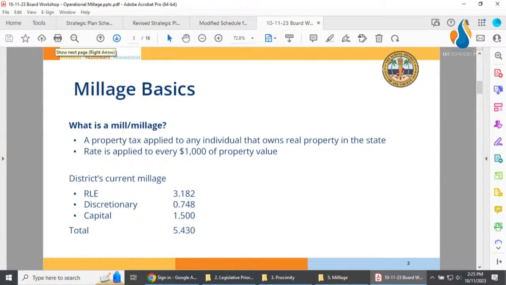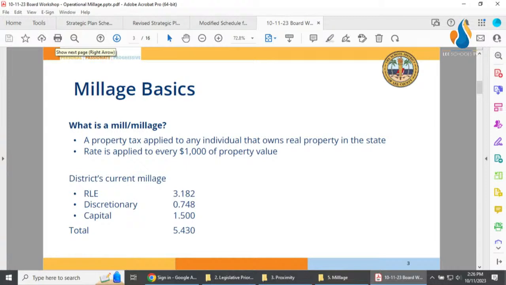So our current millage that we have levied as a district would be the RLE, or the required local effort, as listed. That required local effort is what's set forward in the Florida Education Finance Program, or FEFP, and that is required by the state in order to get access to any other state education funding that the state provides. There's the additional discretionary millage, and that is a 0.748.